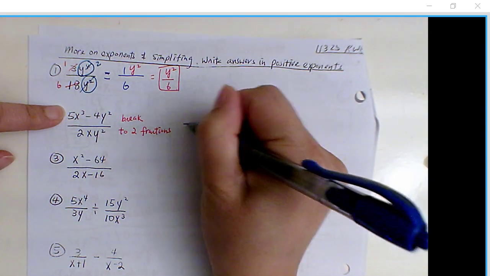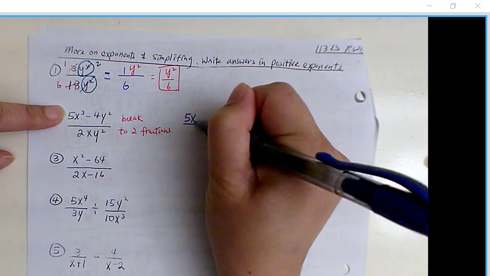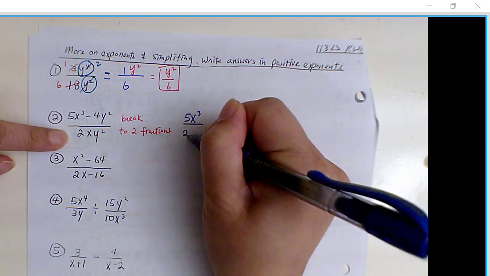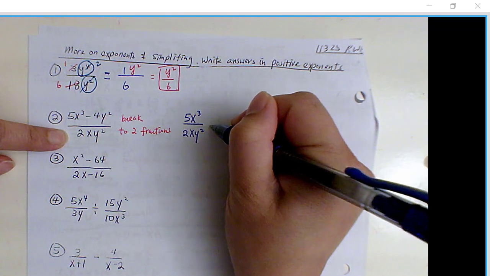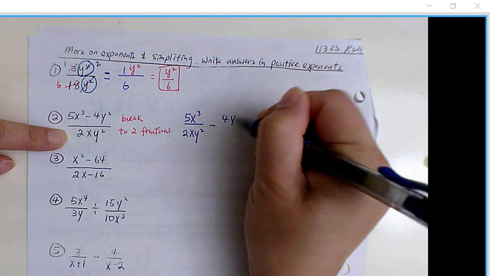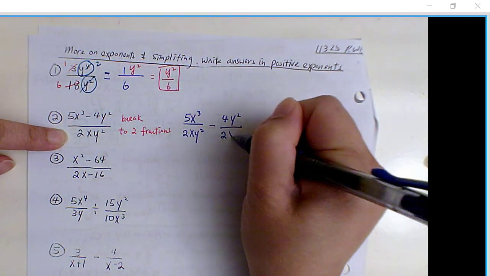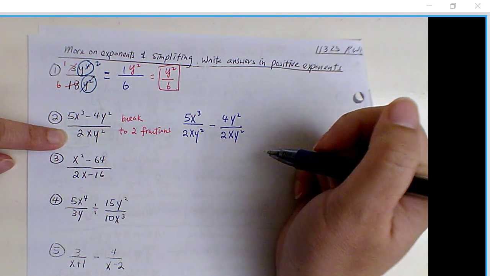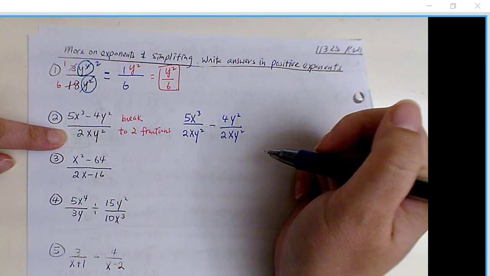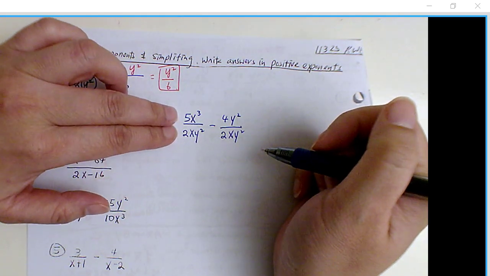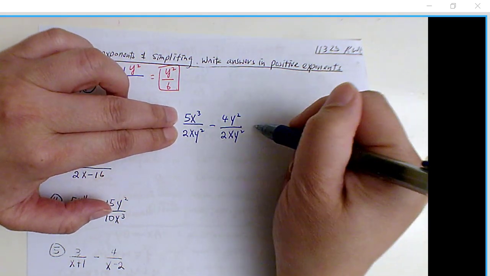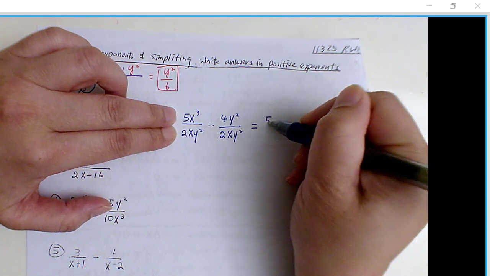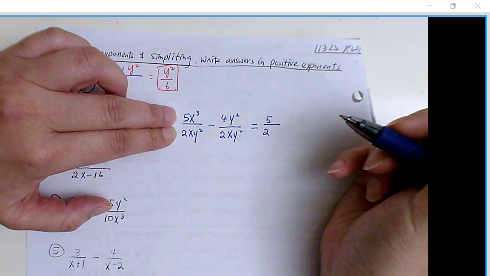So first one would be the first term on top divided by the denominator, subtracting the second term on top divided by the 2xy squared, the denominator, right? So when we get to these points, we can reduce it. So if you look at the first fraction, the number part, there's nothing you can reduce. So 5 on top, 2 at the bottom, right?